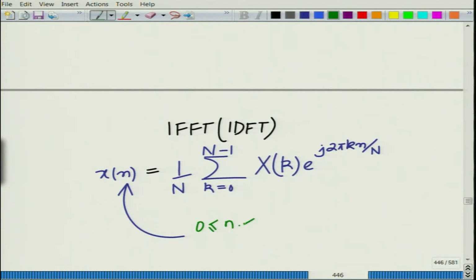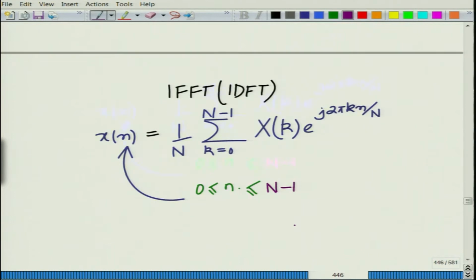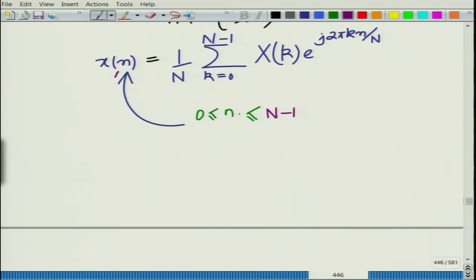Again this is easy to see because you will get back the N signal values, and this is essentially the time domain signal.